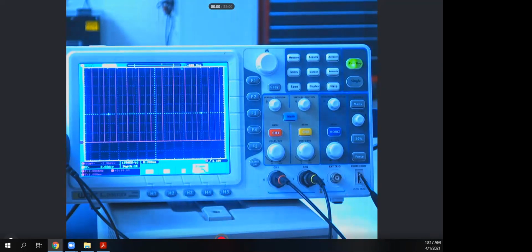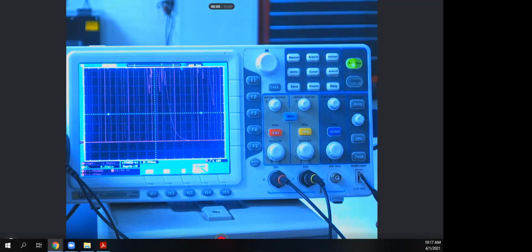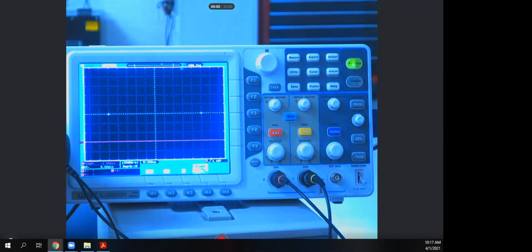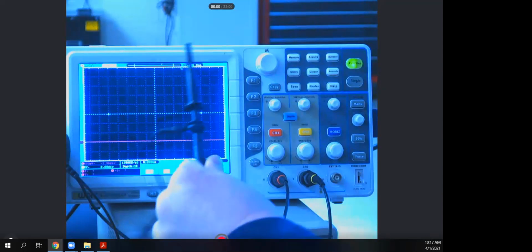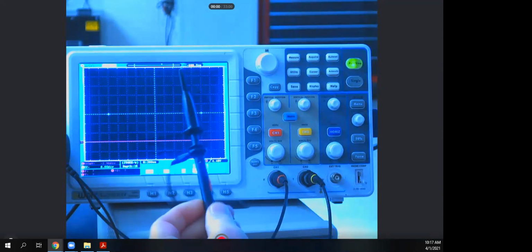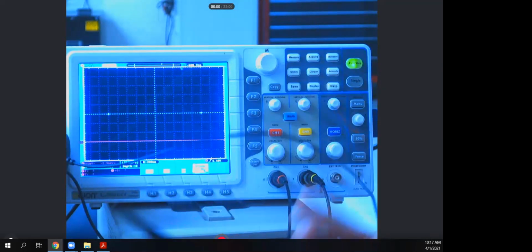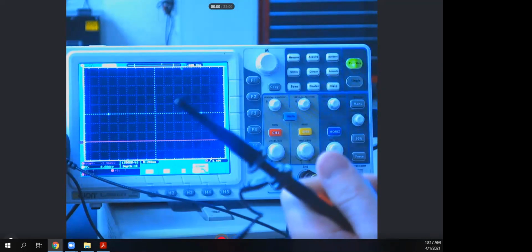Connect the scope probe and its ground to the function generator. Yes, sir. So here's my channel 1 scope probe. And I'm gonna take this function generator probes.